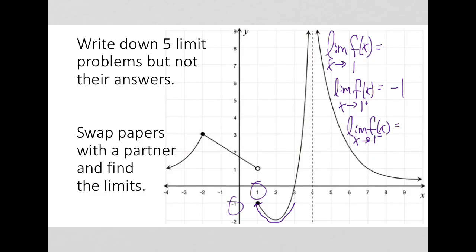If I find the left-handed limit, the limit of f of x as x approaches 1 from the left, I'm coming down that way to that point, which has a y value of +1. Since these two values, the left-handed and the right-handed limit, are different numbers, that tells me that the limit does not exist at 1.